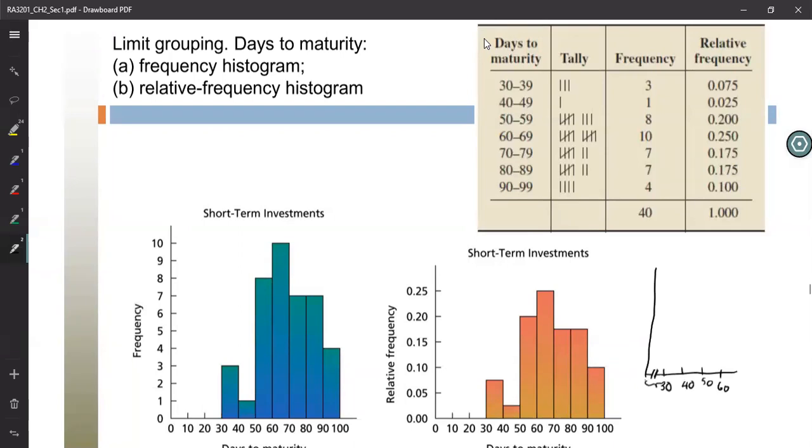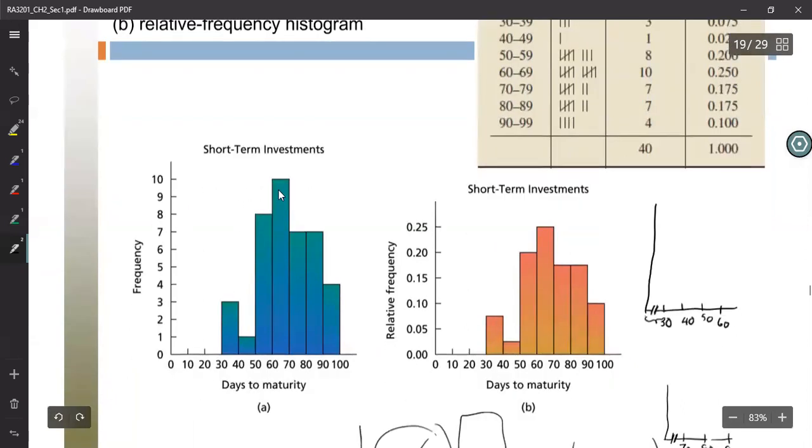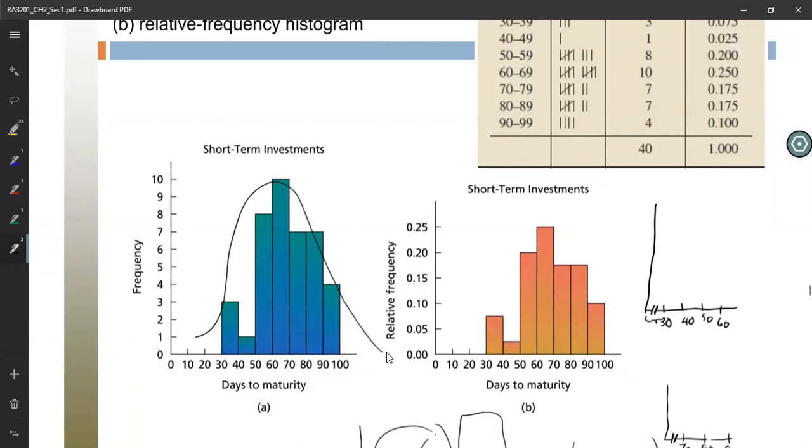So that is the class width of 15. That is also possible. So you'll end up with a different tally, different frequency, but the original shape will be very similar. Right? The shape will be very similar.